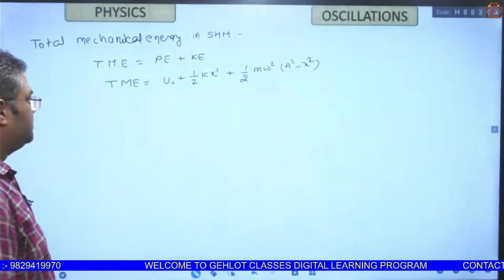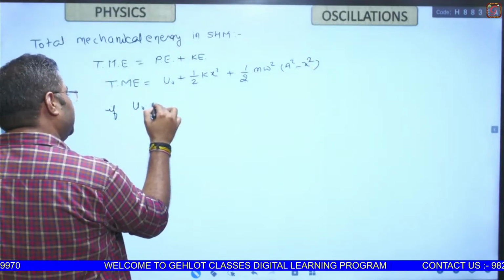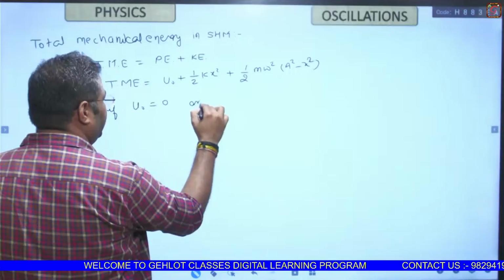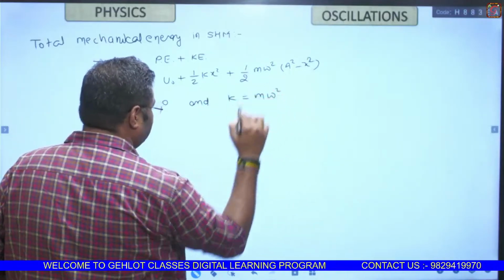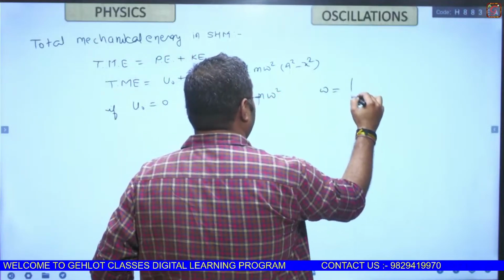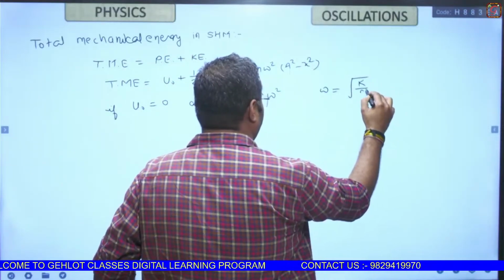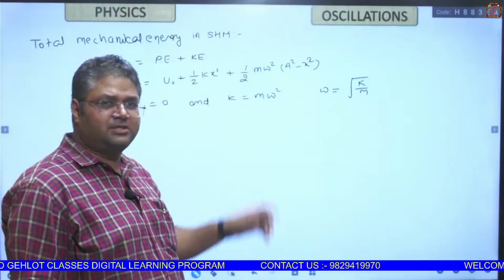So if U naught equals 0 and k is written as m omega square, we all know the famous formula omega equals under root k upon m, from which we have discussed this.